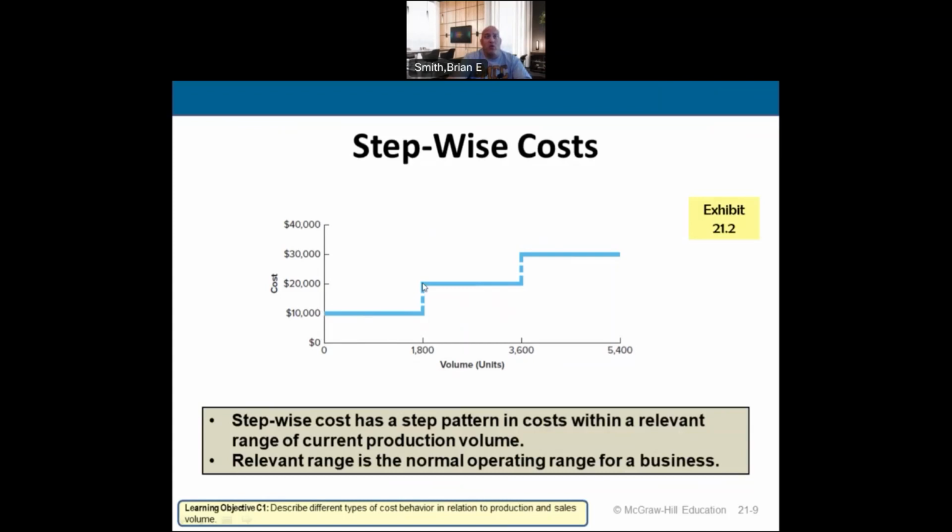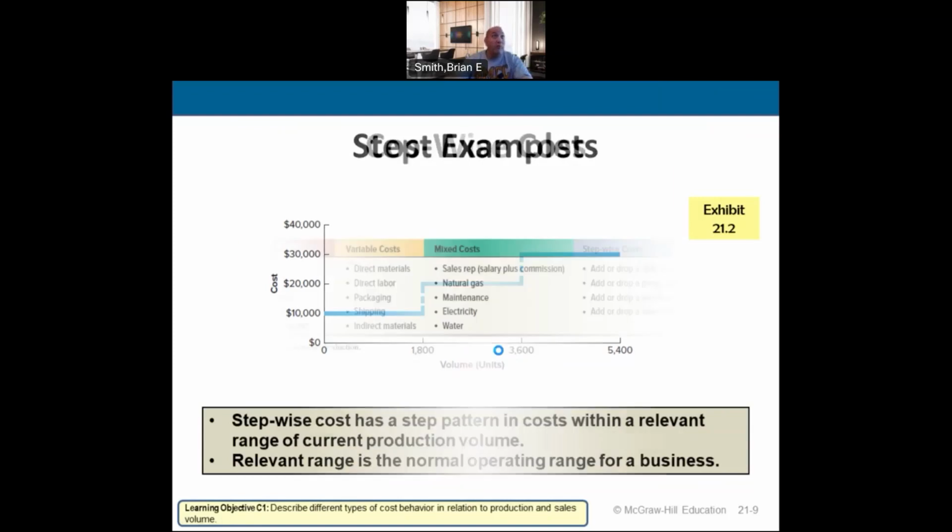At which point, then you create another assembly line and start producing with another supervisor there. And so thus, at 1,800 units created, you can stay here at 10,000. But the minute you hit 1,801, you're going to need a new supervisor. And so you're bumping that up by the amount of the supervisor's salary, and so on and so on. That's kind of the idea behind that one.